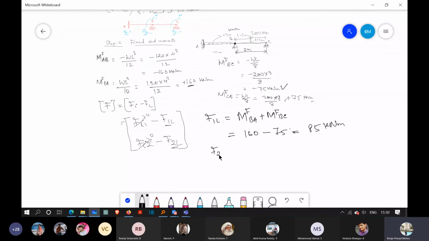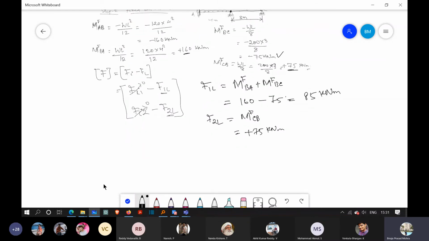Now F2L will be, since this is coordinate 1 and this is coordinate 2, the moment generated here is only due to MFCB. So how much is MFCB? MFCB is plus 75 kilonewton meter.